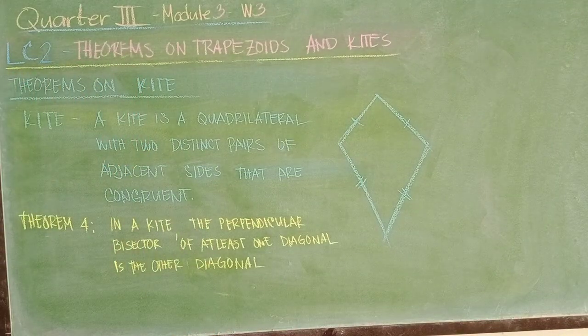So, sabi dito sa may theorem number 4, in a kite, the perpendicular bisector of at least one diagonal is the other diagonal. So, ang sinasabi lang dyan is kapag umuhit ka ng diagonal doon sa loob ng kite, yung isang diagonal hinahati niya sa two congruent parts yung isa pang diagonal.